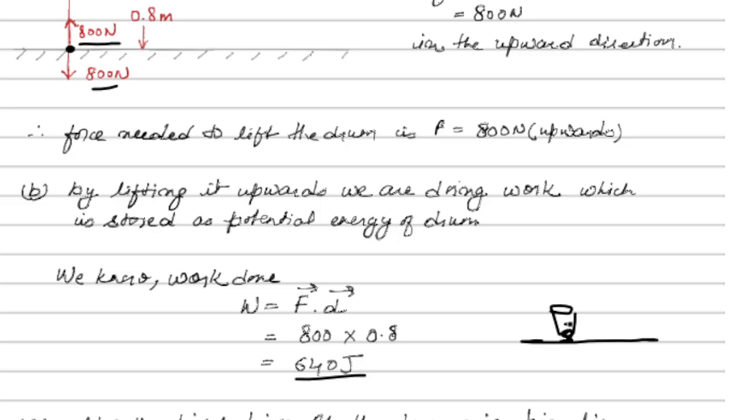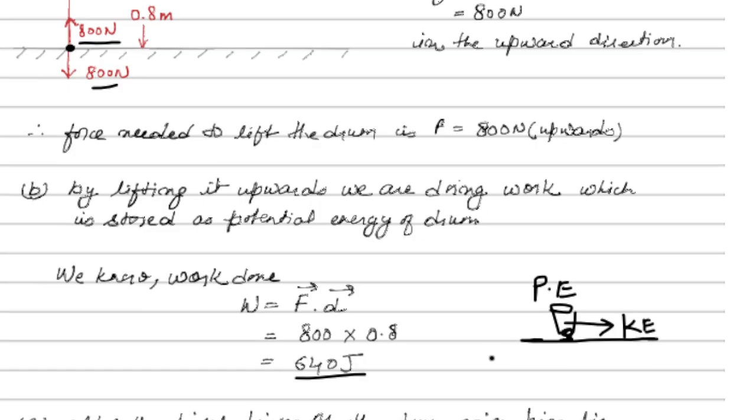And now when it drives off, it will also achieve kinetic energy. So now the drum has two energies, kinetic energy also. When it was stationary, it was not having kinetic energy, and because it is at a height of 0.8 meter, it also had potential energy. So that will be the change. When it was not moving, only the potential energy was there.